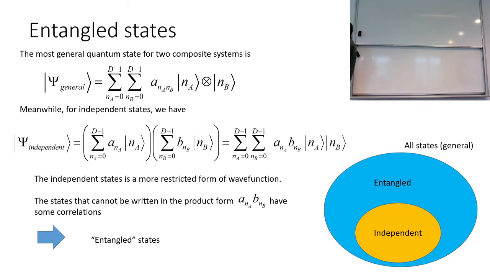So the special case where there's a tensor product between these two states, where Alice has some particular state and Bob separately has some state, and you could write this in the composite picture, but this basically means that the coefficient has to take some special form, so it can't be the most general thing that I wrote up here. It has to be this product form, A vector times B vector, instead of this more general thing.